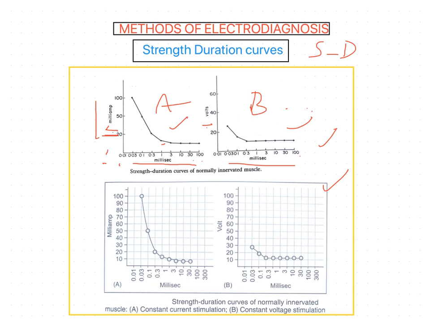A maximum of 100 milliseconds should be present, and a minimum of 0.01 millisecond is used, and it may be of the constant current or constant voltage type. In both cases, the durations must be available in this way.